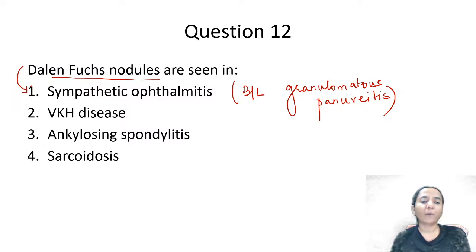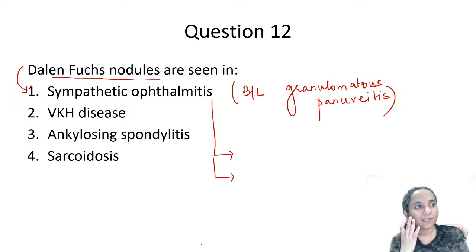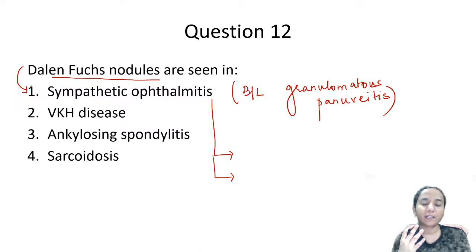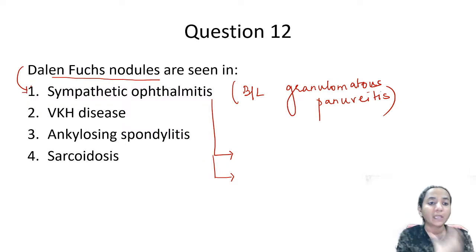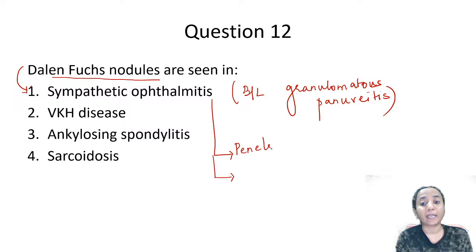Okay, now a few important one-liners about sympathetic ophthalmia. Now, what is sympathetic ophthalmia? You all know that sympathetic ophthalmia means that there is a severe trauma in one eye, as a result of which there is a uveitis developing in the other eye. So from here, the question that is asked is, what type of trauma causes sympathetic ophthalmia? Let me tell you, the trauma that causes sympathetic ophthalmia is penetrating trauma.